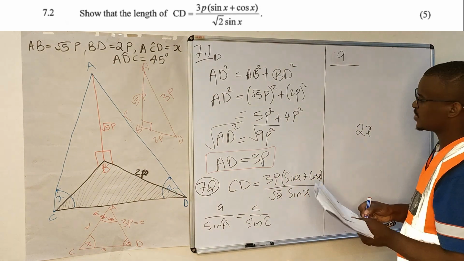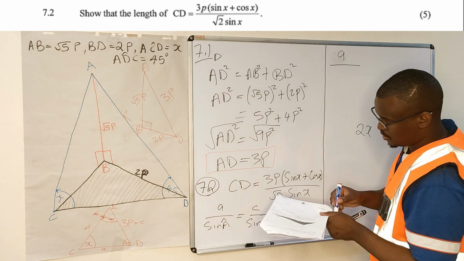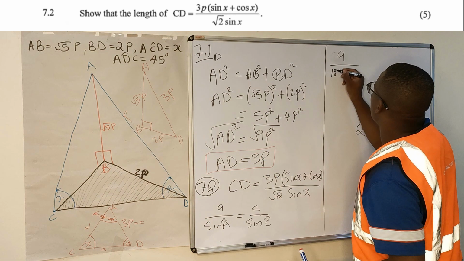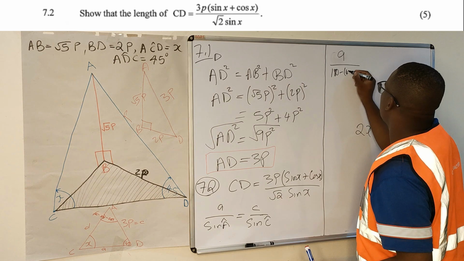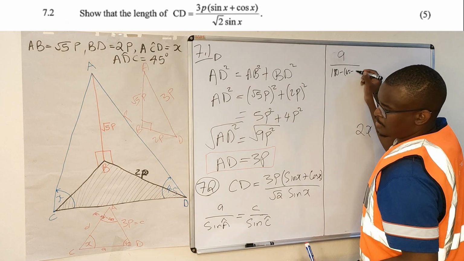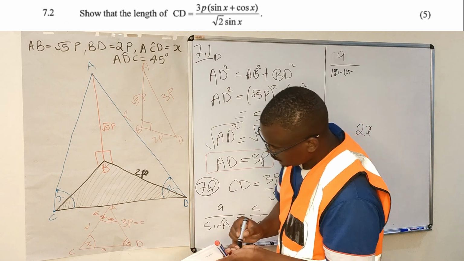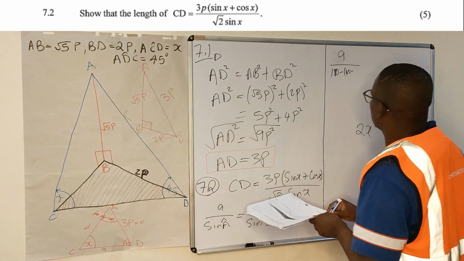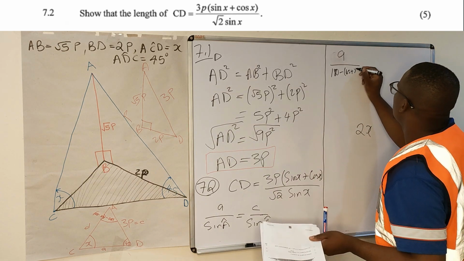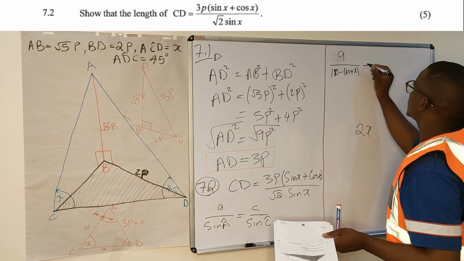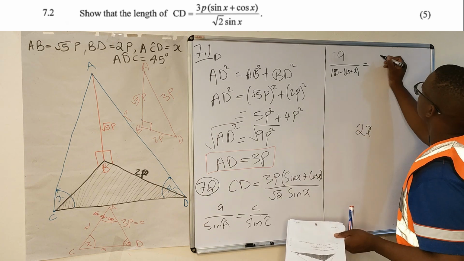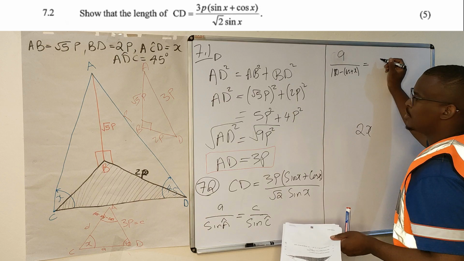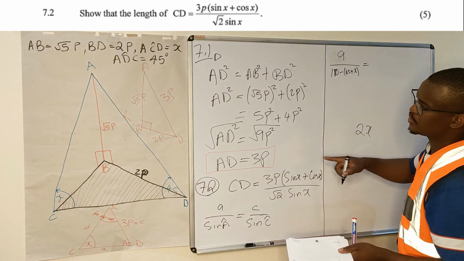So sine over sine that angle, which is sine that 180 minus, 45 minus 45 plus x, if you put them in the bracket. Minus 45 plus x is equal to what? It is equal to c. What is your c?